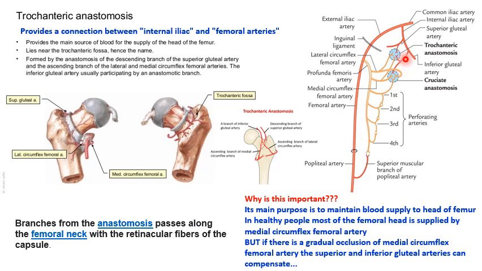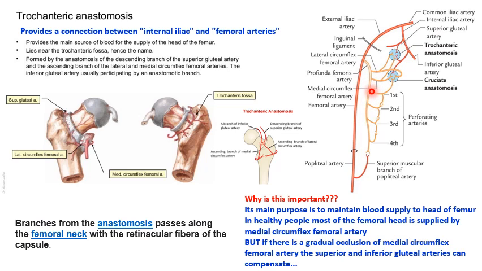This is the trochanteric anastomosis in this diagrammatic representation. You can see this is the common iliac, the external iliac continuing as femoral. This is the internal iliac. From the internal iliac are the branches, the superior gluteal and the inferior gluteal. From the femoral, this is the profunda femoris artery, which is the largest branch.